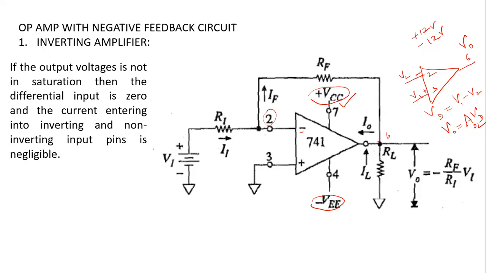When you connect the output of an amplifier to its input again, that circuit is called closed loop, or a circuit with feedback. All right, the inverting amplifier shown here is also one such circuit with feedback.